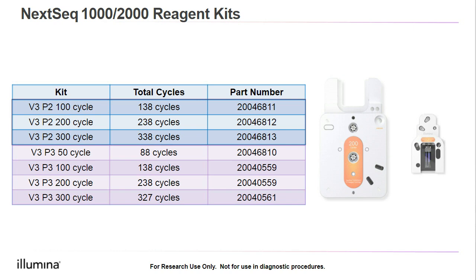The 50, the 100, and the 200 all include the extra 38 cycles to allow for indexing. The 300 cycle P3 kit only includes an additional 27 cycles for indexing. I have listed the part numbers on this slide for your reference.